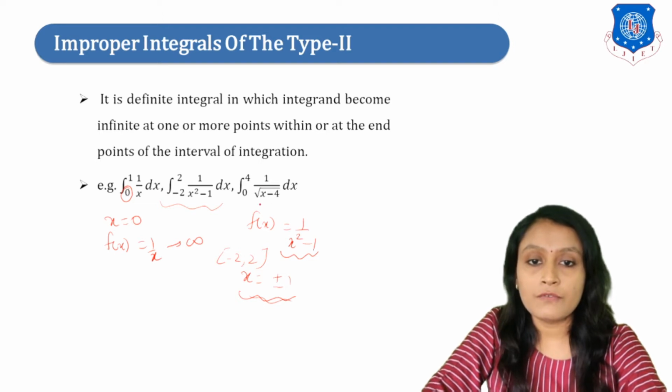And here also if you substitute 4 over here, the denominator will become 0, so this term will go to infinity. So this integrand becomes infinite at this particular point, at the end of this interval. So we can say that these integrals are improper integrals of type 2.